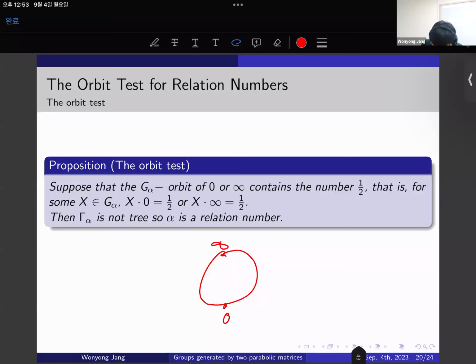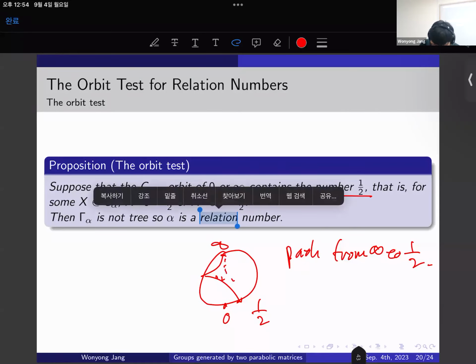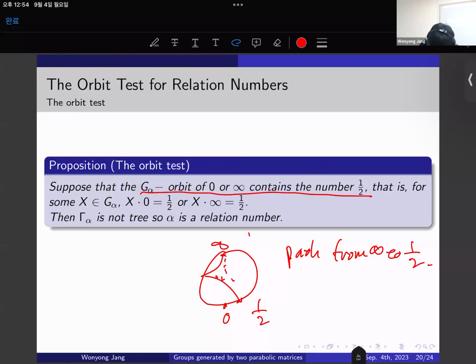Suppose the orbit contains the number 1/2. Then since gamma alpha is connected, we can make some paths from infinity to 1/2. And by symmetry, I have no time so I will not explain it, but by using symmetry we can make paths from infinity to minus 1/2.